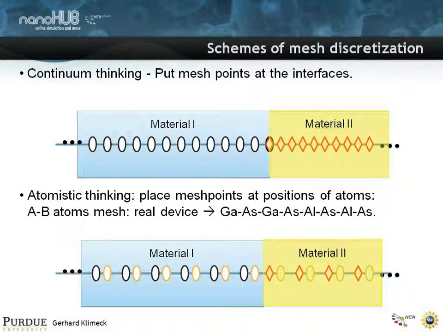So if you were to discretize this space in a typical continuum approach, you would put a mesh point here. There are no atoms there. It's kind of unintuitive. Why would you put artificial, numerical, mathematical concepts in spaces that are void?